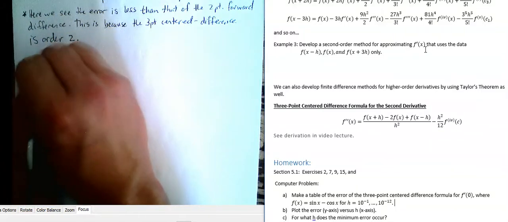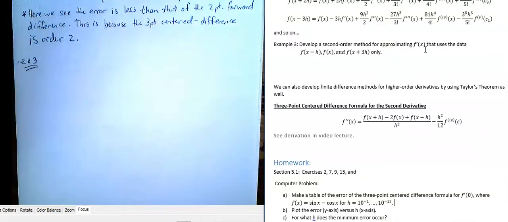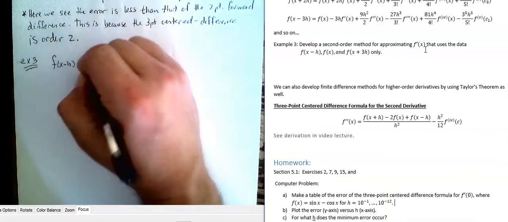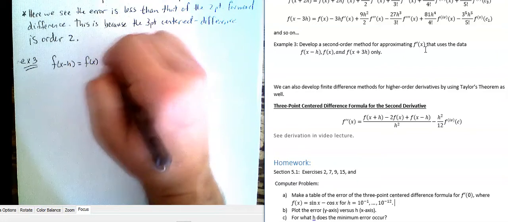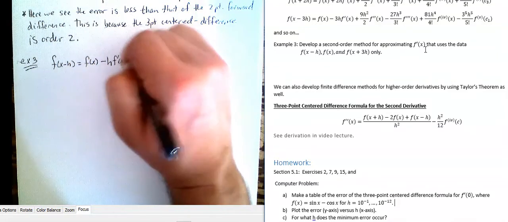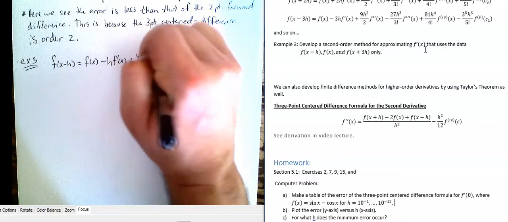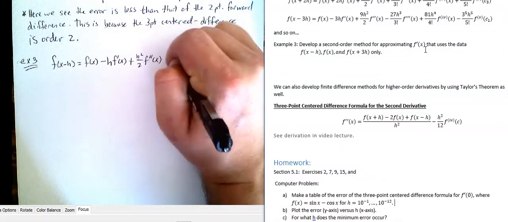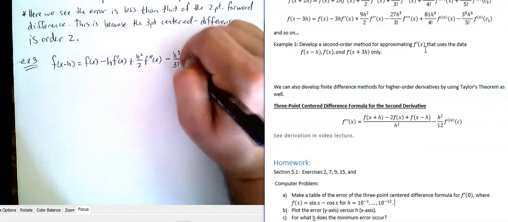Example 3. So we need three things, right? We need f of x minus h, which we have up there in that list. So that is f of x, and alternation of signs. So minus h times f prime, plus h squared over 2 times f double prime, minus h cubed over 3 factorial f triple prime.